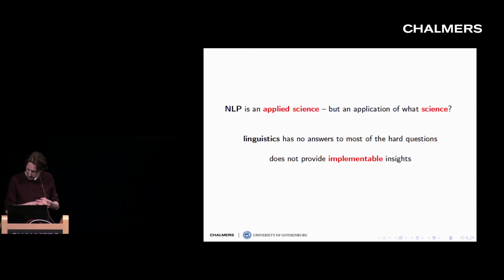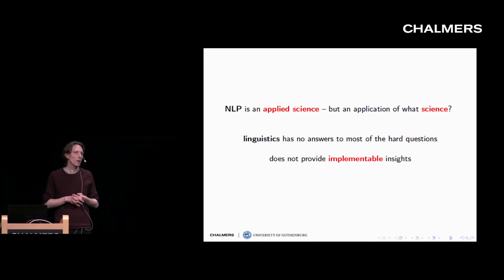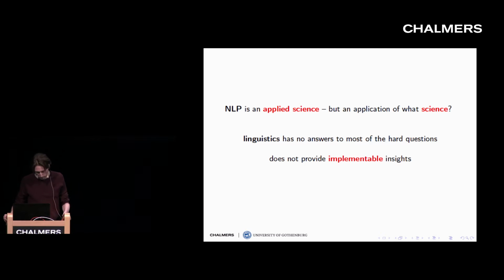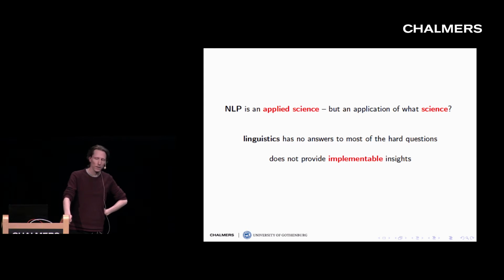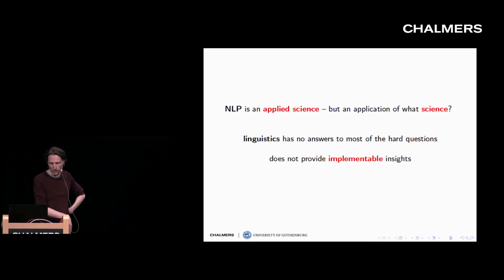the tragedy is that linguistics does not provide anything that we can actually build a model from. So the tendency in the field has been that system performance has improved as the technologies diverge from linguistic theory.